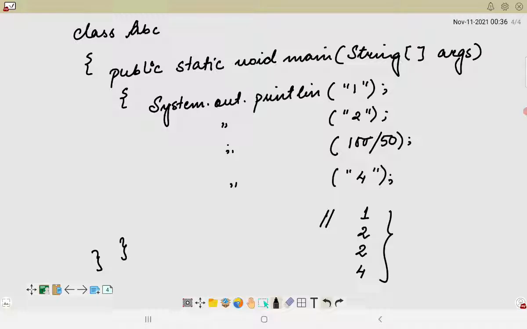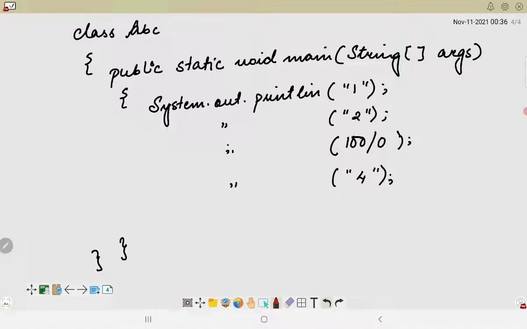Now instead of 100 divided by 50, what if I write 100 divided by 0? When I try to do this, what should be the output that I get here? I will get an interruption or a disruption here in the form of an exception.